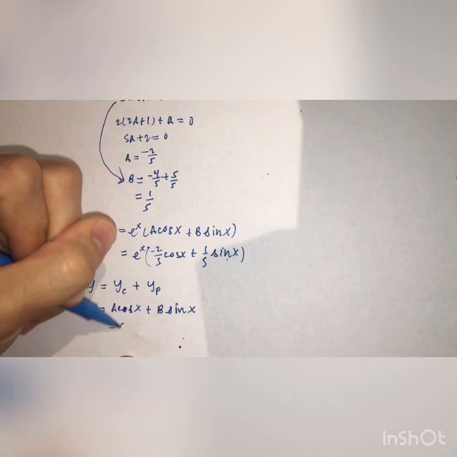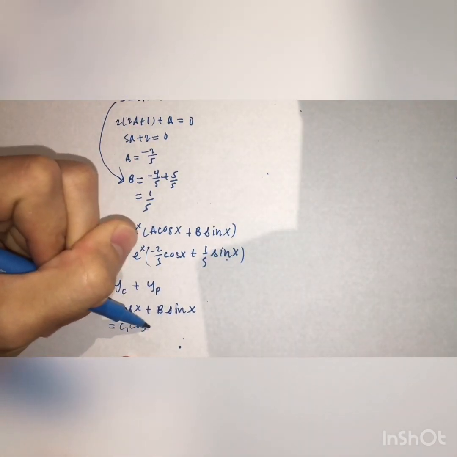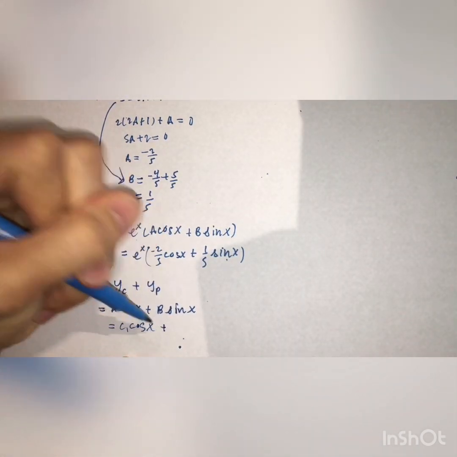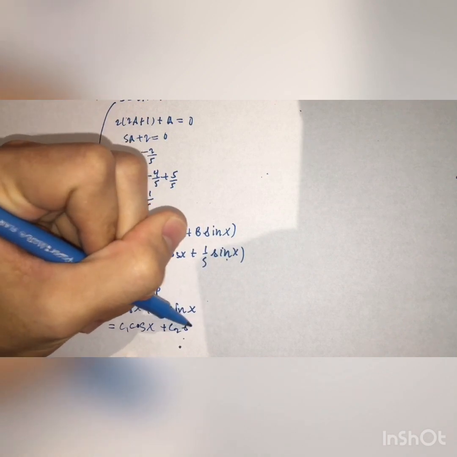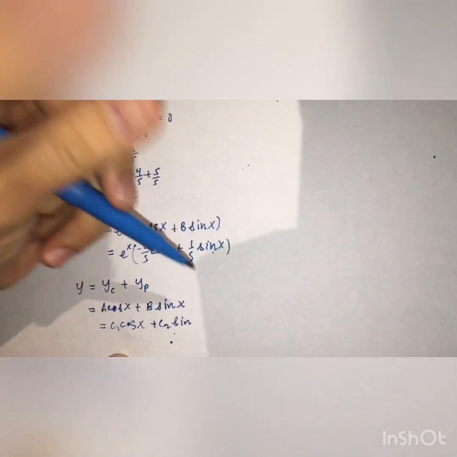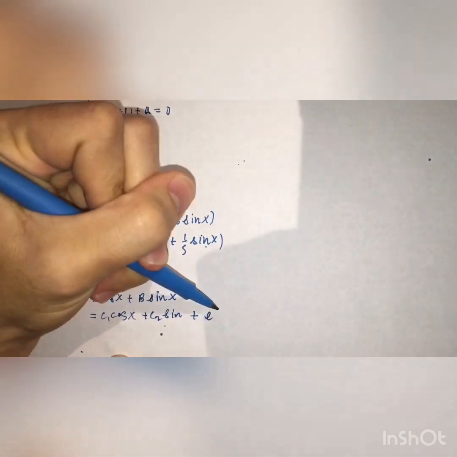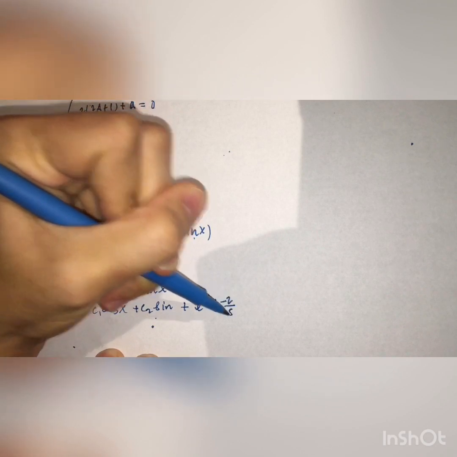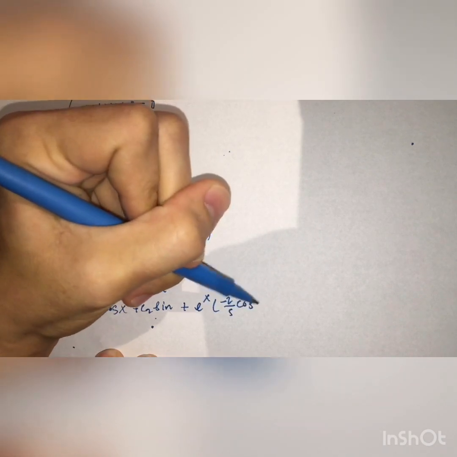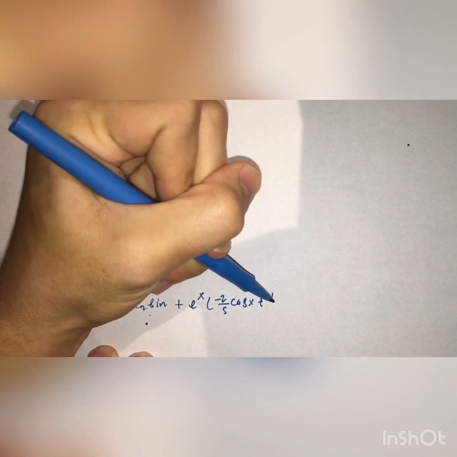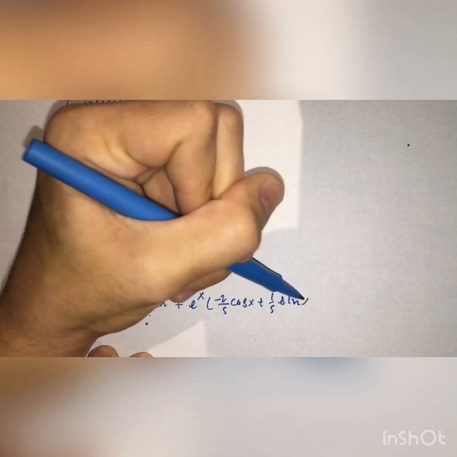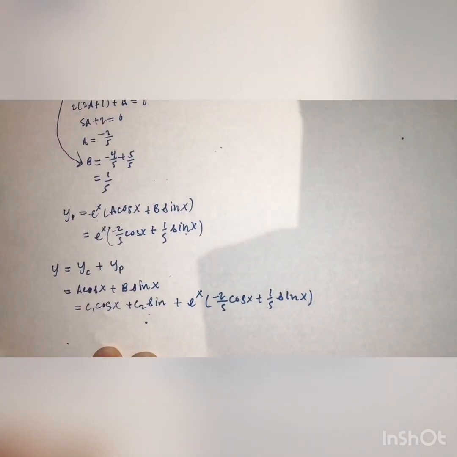We'll call it c1 cosine x plus c2 sine of x, and then just add it on to our particular solution, negative 2/5 cosine of x plus 1/5 sine of x. And that's our complete solution.